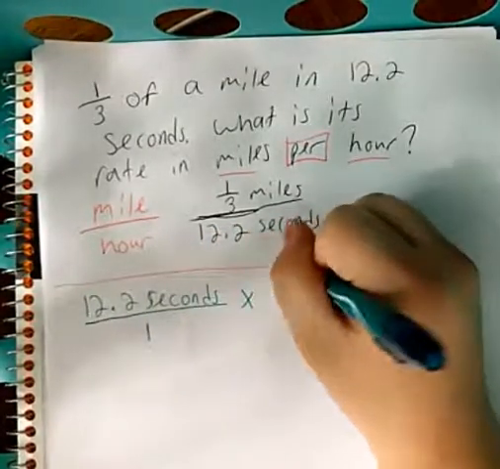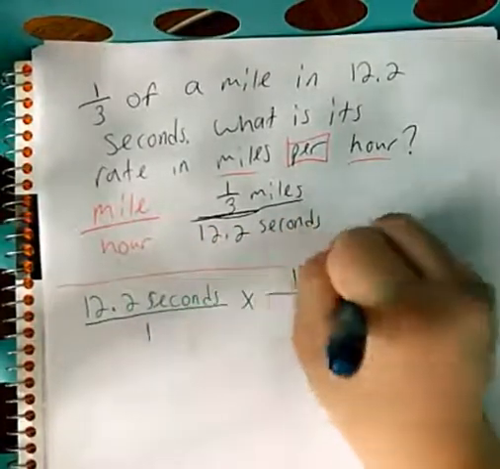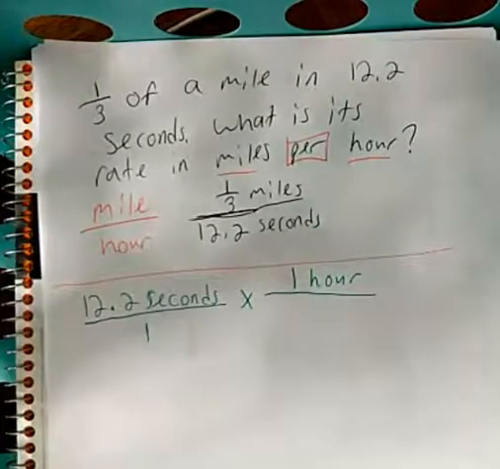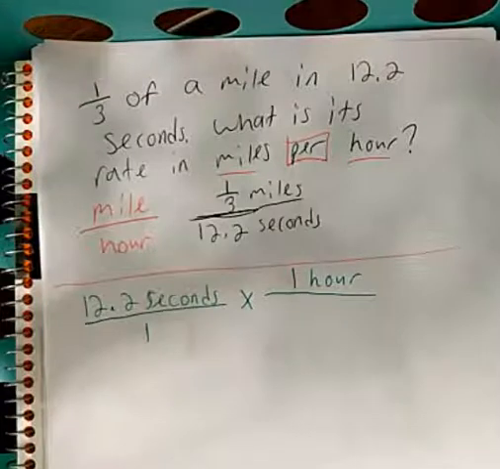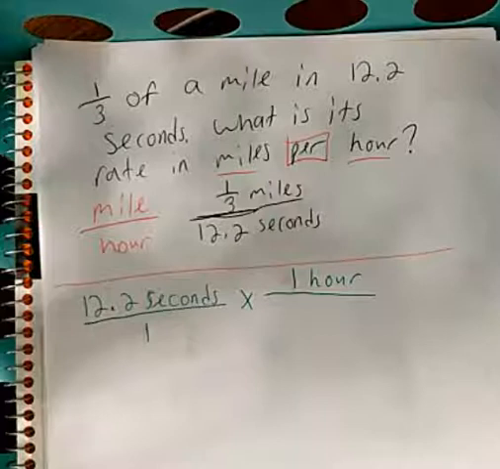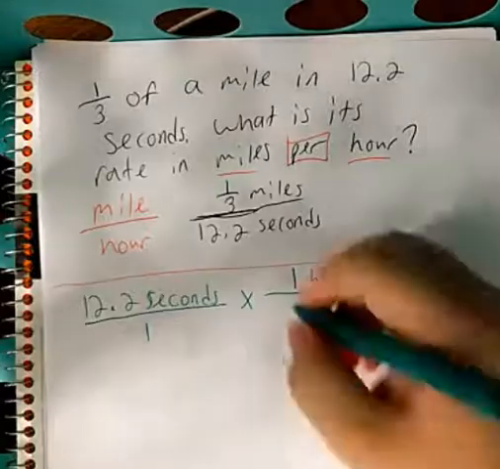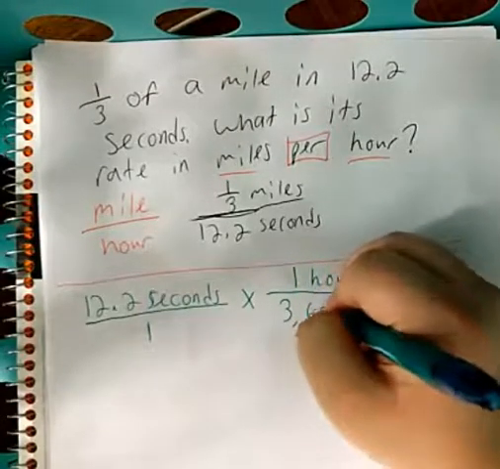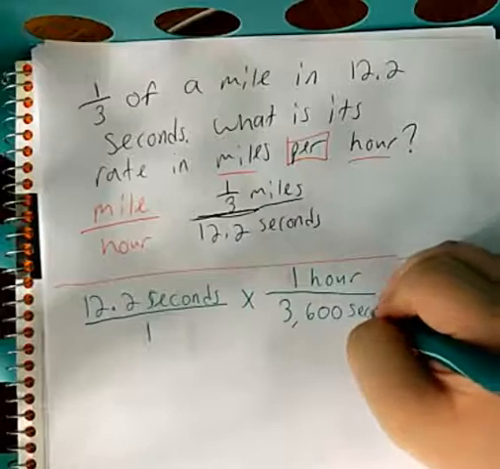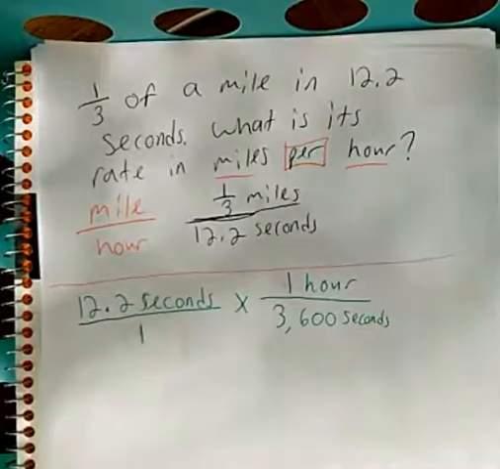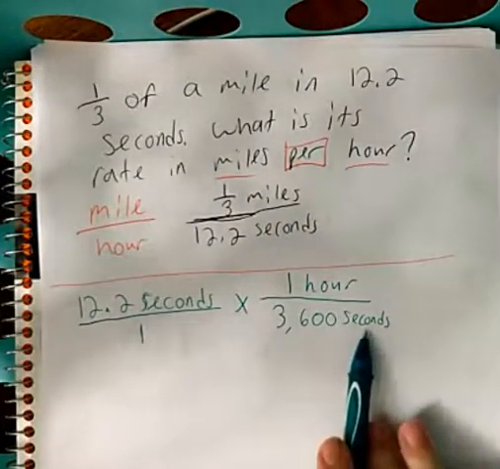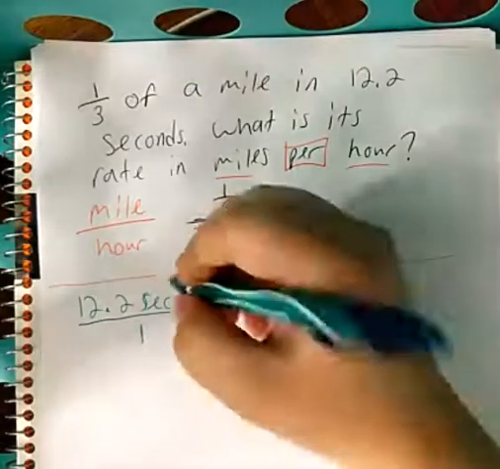And in 1 hour, well, if I have 60 seconds in 1 minute and 60 minutes in 1 hour, I'm going to have to multiply those together to figure out how many seconds are in 1 hour. So 60 times 60 gives me 3,600. Whenever we do conversions, we want the units that are the same to be opposite each other so that they cancel out.